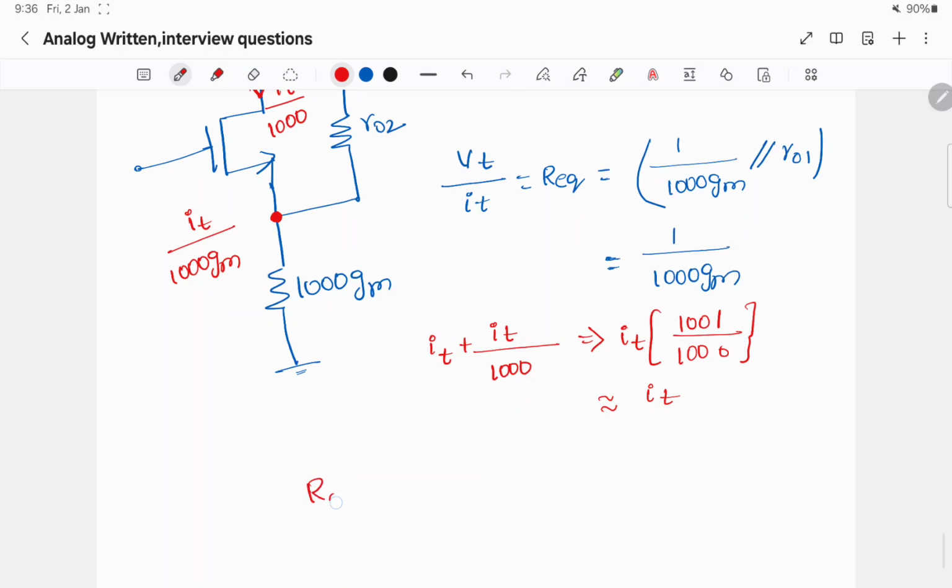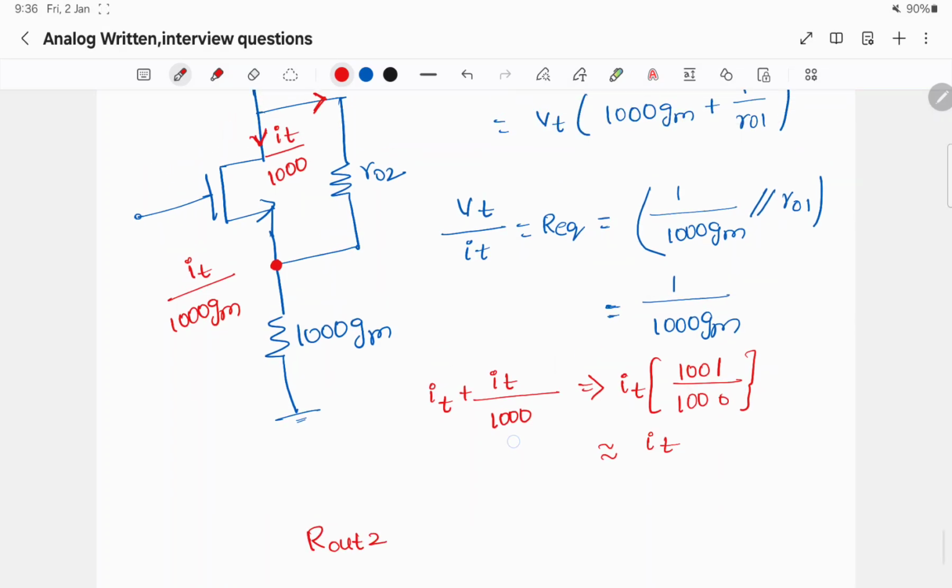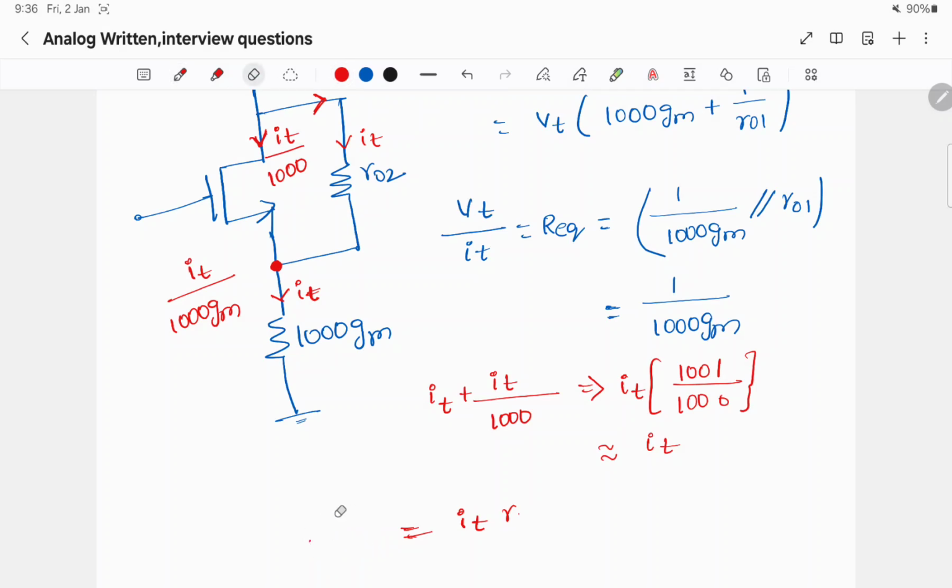So now for RO2, the current flowing here is IT and here also the current flowing is approximately IT. So VT is IT times RO2 plus IT times 1 by 1000 GM.